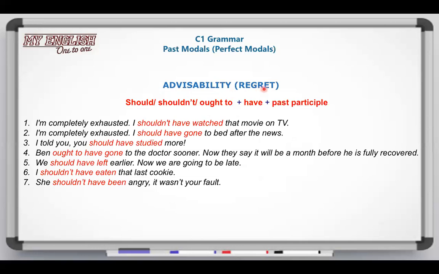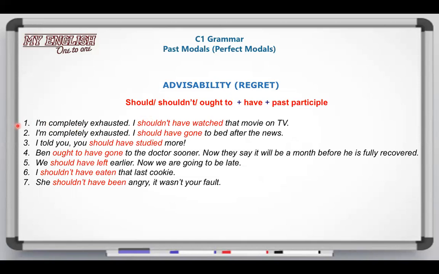Advisability or regret is when something in the past you don't like what happened, okay? So you somehow want to change it or you want to express a regret. It's bad or you don't like it. For these sentences, it's common to present first a situation or a context, either in the beginning or at the end, and then we use the past modal or the perfect modal to express, in this case, regret.